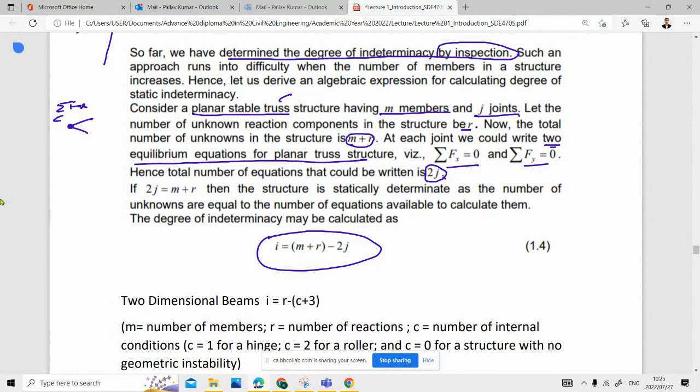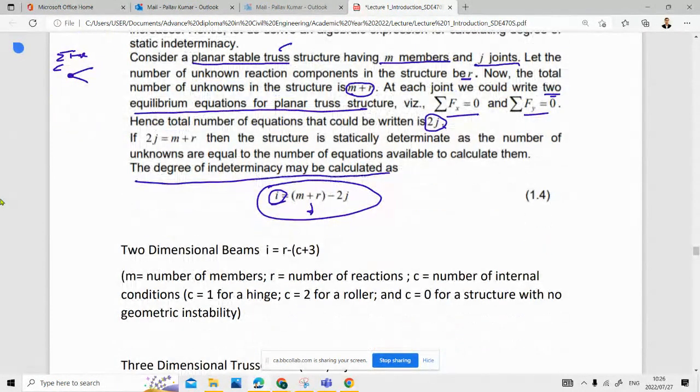So the total unknown is m plus r, and if from the total unknowns you subtract 2j, that is how many equations you have in that structure, and that will give you the degree of indeterminacy of that structure. Did you understand this formula? Yes, I've got it. Yeah, perfect.